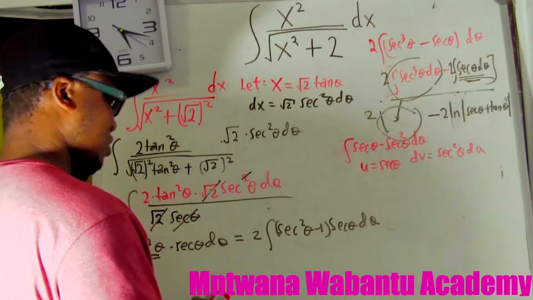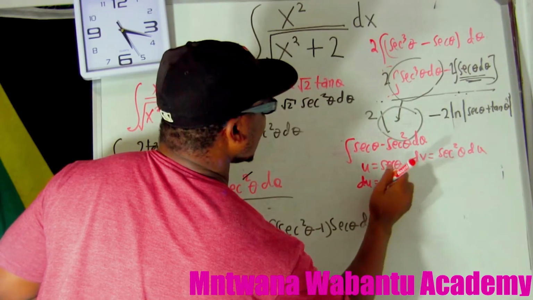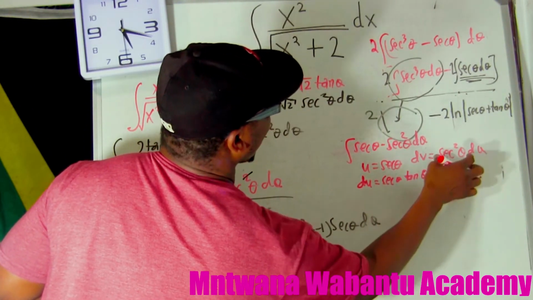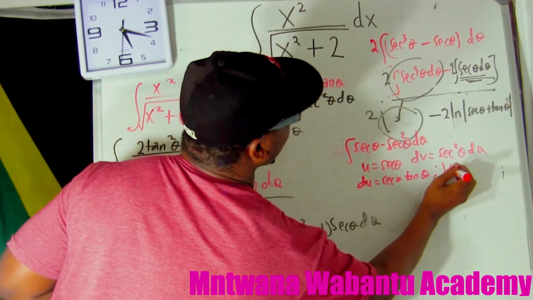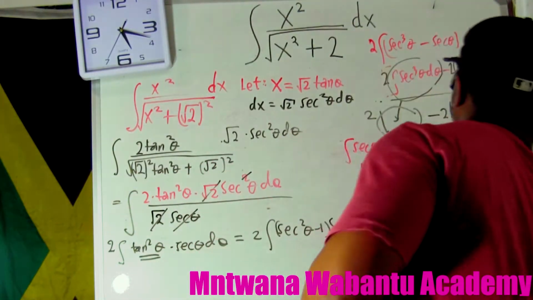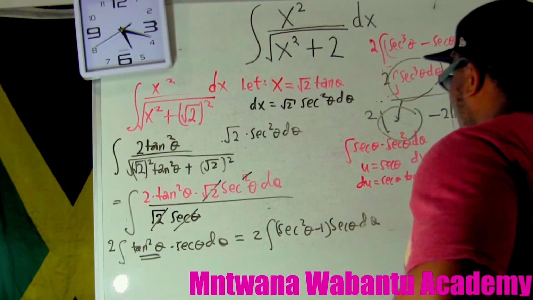Differentiate u and it's going to give us du. When you differentiate sec, you get sec theta tan theta. When you integrate sec square, you get v, which is tan theta.